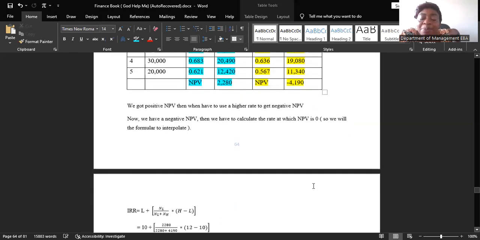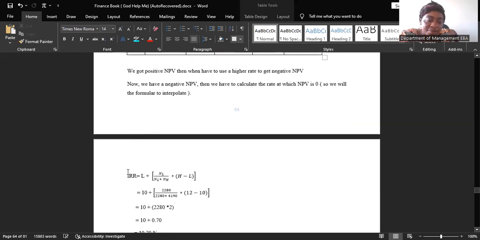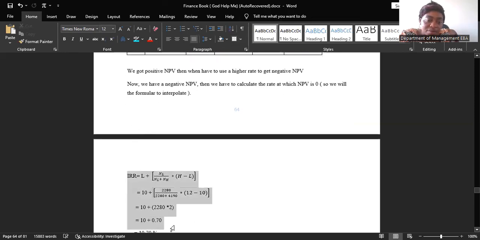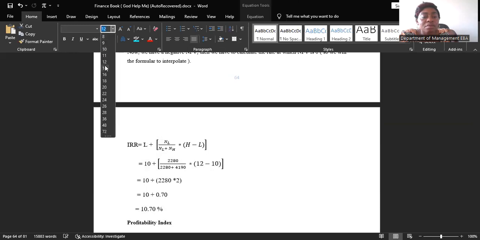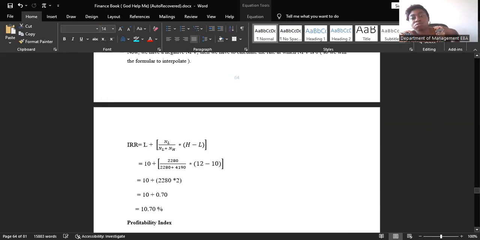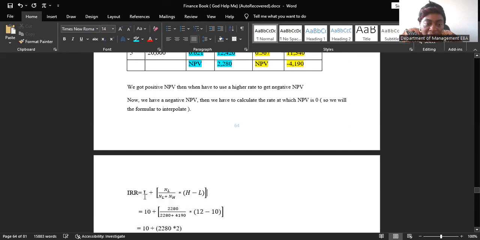The next step is to calculate. This is a formula for the calculation. So for the internal rate of return, we have: L stands for the least rate of return used.